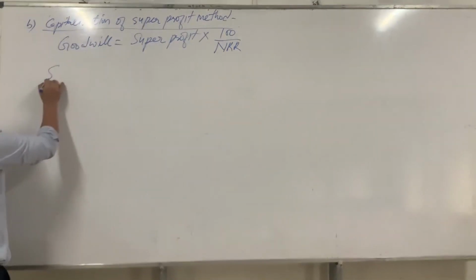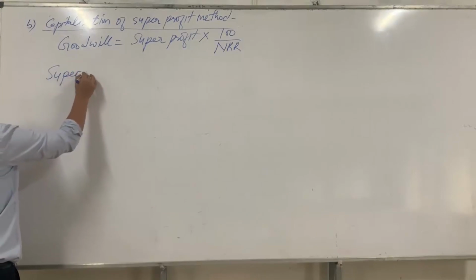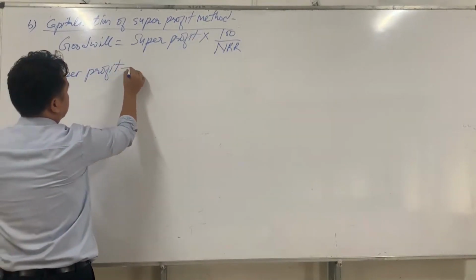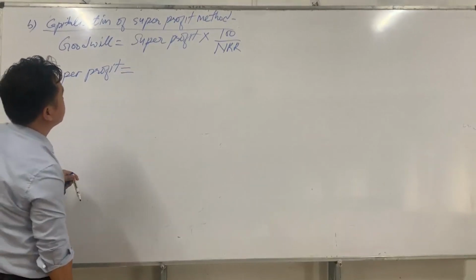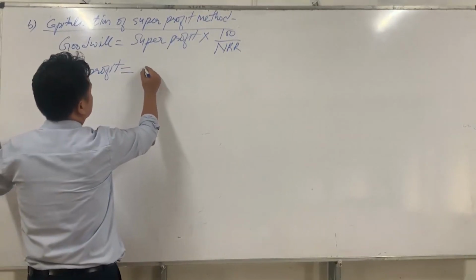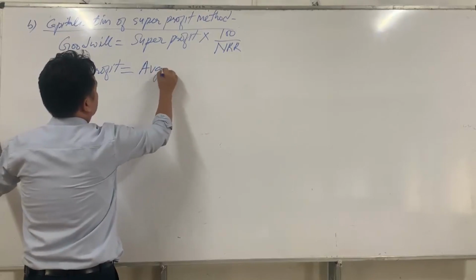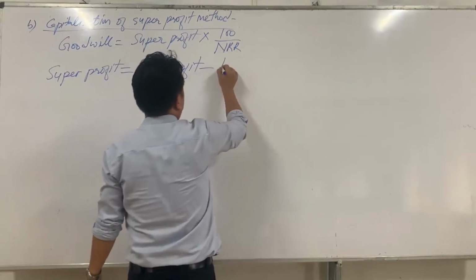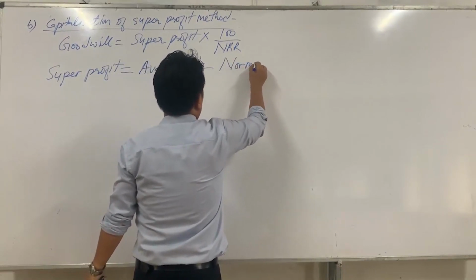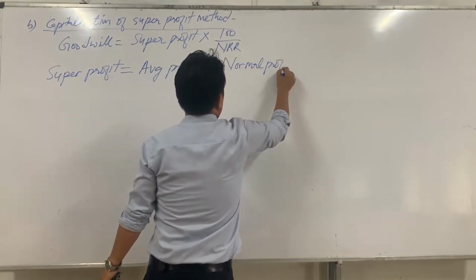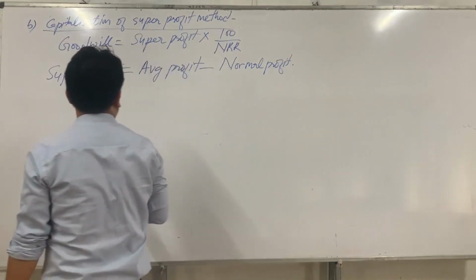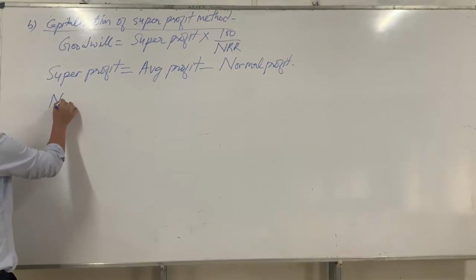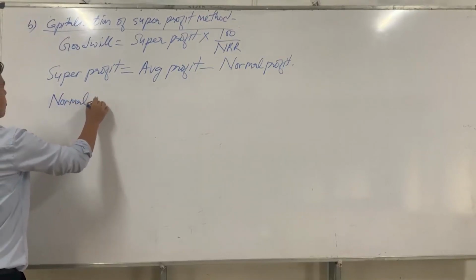Okay, what is the formula of super profit? Super profit is equal to average profit minus normal profit. Okay, so here normal profit.